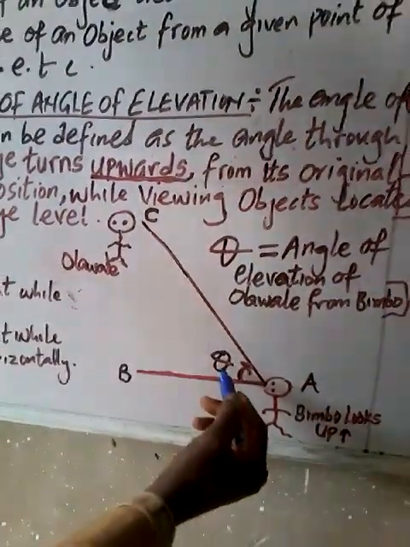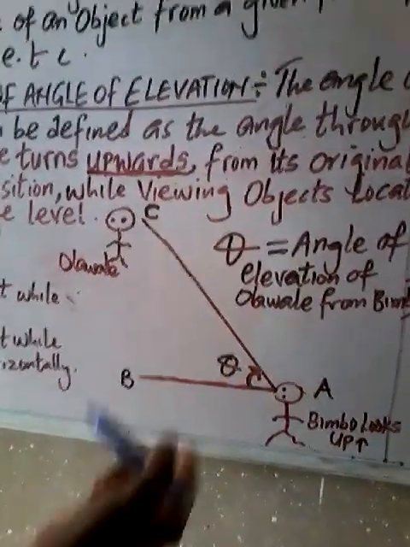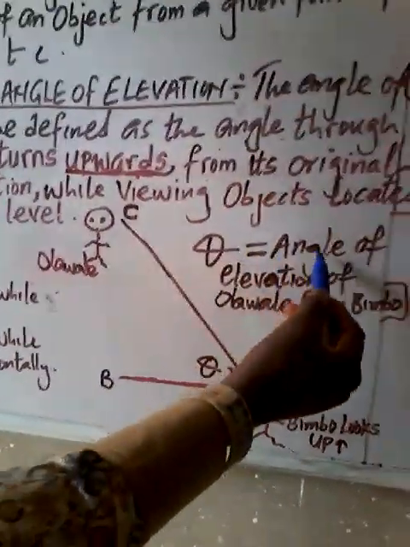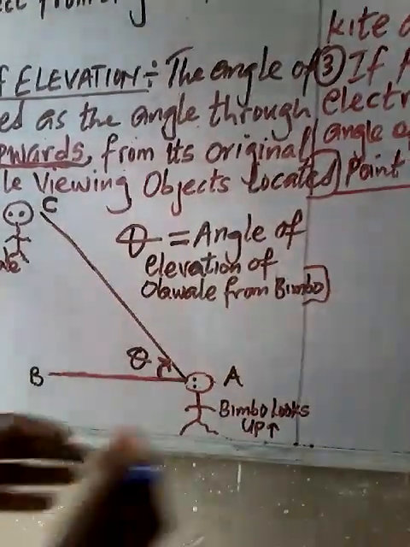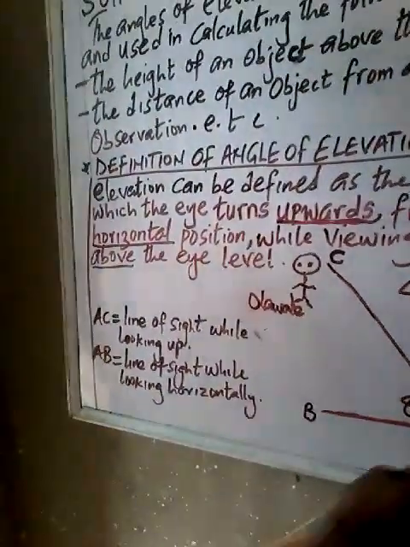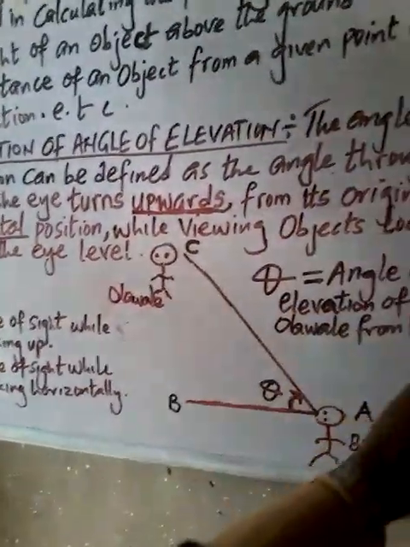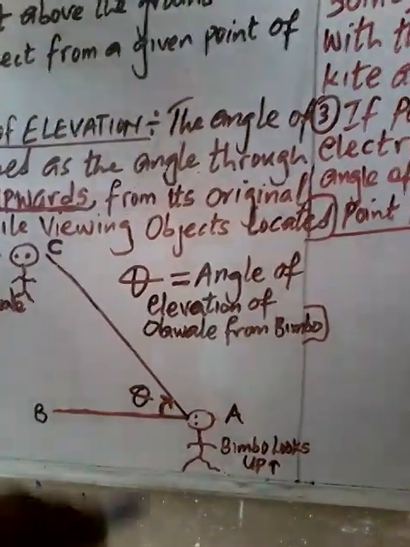You can represent this angle with any letter. This is a Greek letter called theta. And this theta is equal to the angle of elevation of Olawale from Bimbo. Bimbo is the one that is receiving the sight, so the sight comes from her. So it is the angle of elevation of Olawale from Bimbo and not the angle of elevation of Bimbo from Olawale.